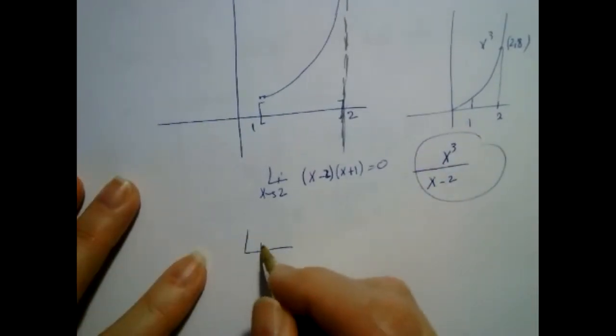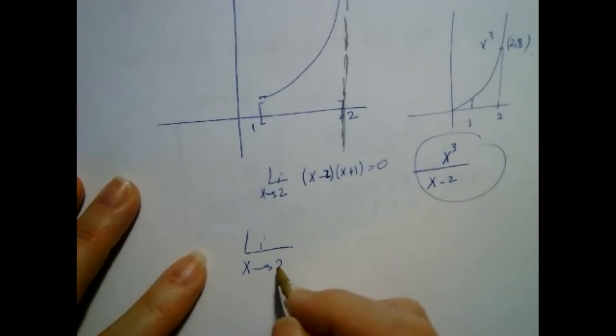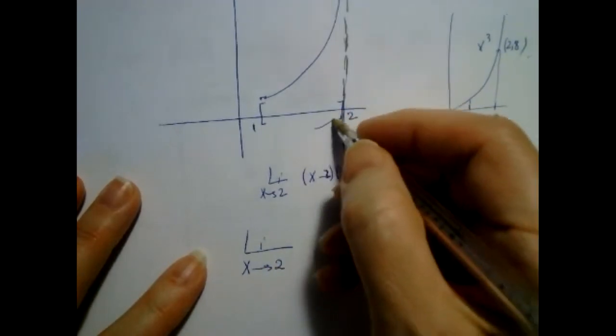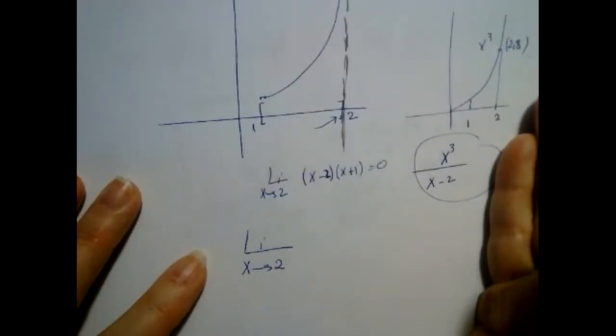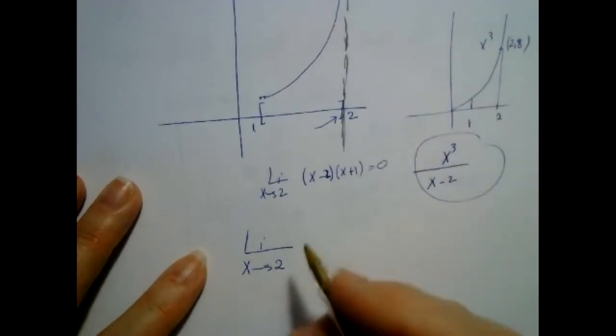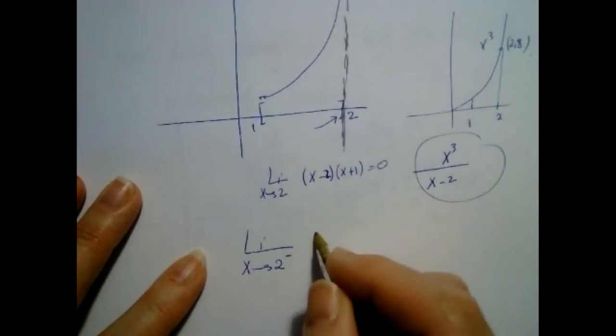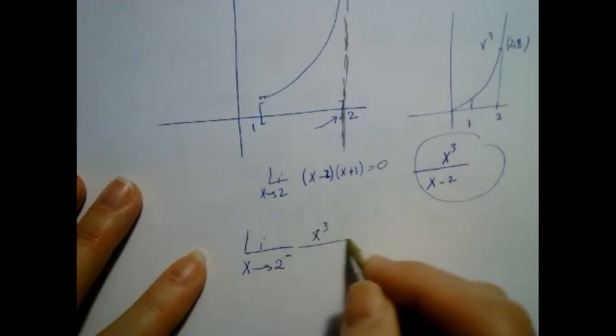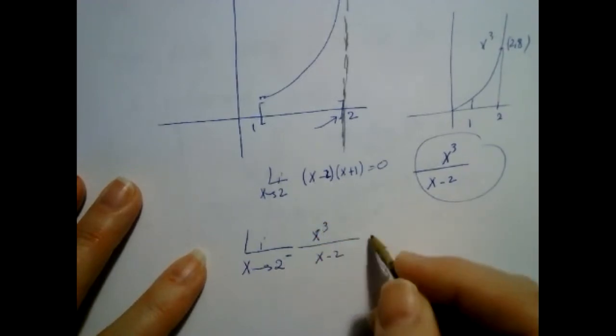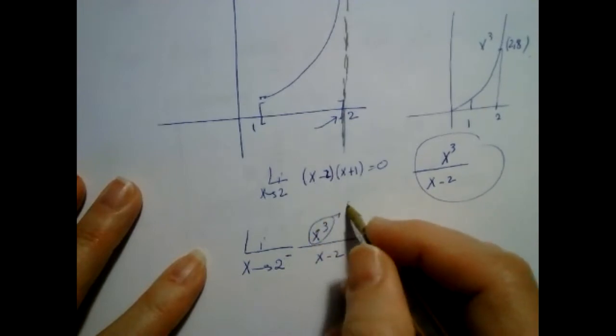Now, when x becomes close to 2, and I'm interested in one side of 2, not both sides, from the negative, the numerator becomes close to 8.